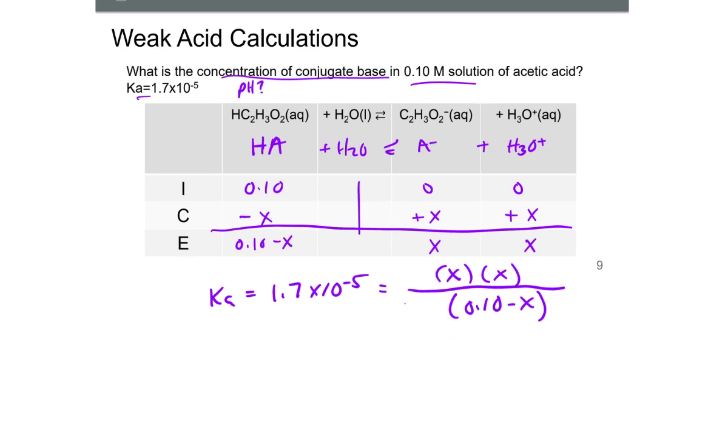If we multiply this out and rearrange it, we're going to end up with an equation that is minus x squared minus 1.7 times 10 to the minus 5x plus 1.7 times 10 to the minus 6 equals 0. So setting everything equal to 0 because we're going to have a quadratic. How did I get here? I took what's in the denominator on the right-hand side, multiplied both sides of the equation by that, and rearranged from there.